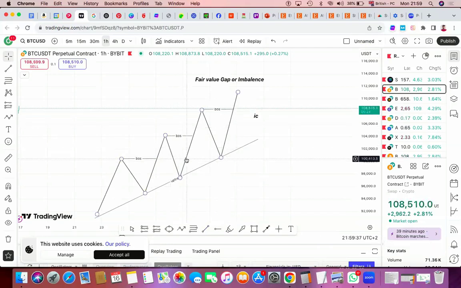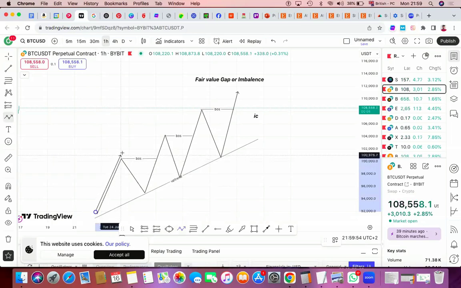Now, how do we come about saying that we have BOS here? Let me show you. We have the market creating this high, and there's a pullback, creating a pullback leg down here. Then it broke this recent high and created this new high.